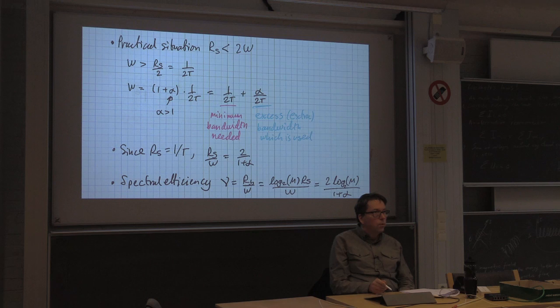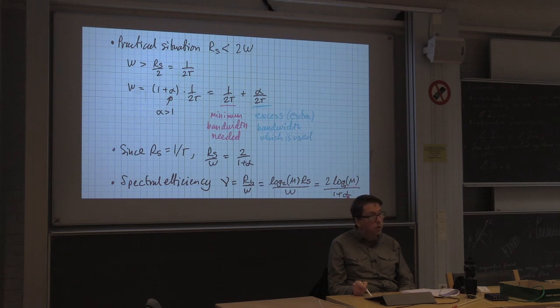All right. So why is this important? Well, the spectral efficiency tells us how many bits per second we can transmit per unit bandwidth. And this is something that we would like to have high. And we see that it depends on two things. It depends on M, which essentially depends on how many bits we transmit per symbol, and it depends on alpha. So to increase the spectral efficiency, we need to increase M or reduce alpha.